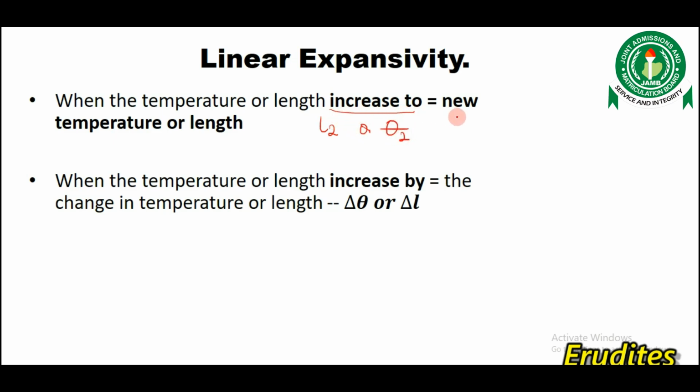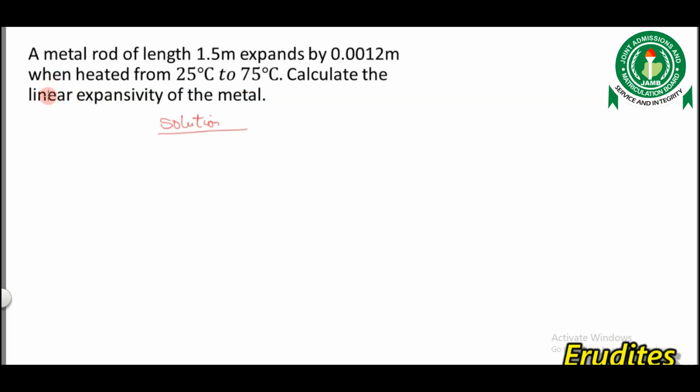When the temperature or length increased by, that becomes the change in temperature or change in length. So when the temperature increases by, that becomes your delta theta, and when the length increases by, it becomes your delta L.